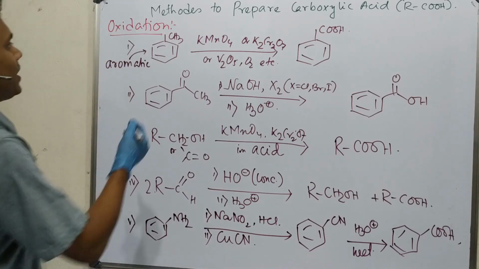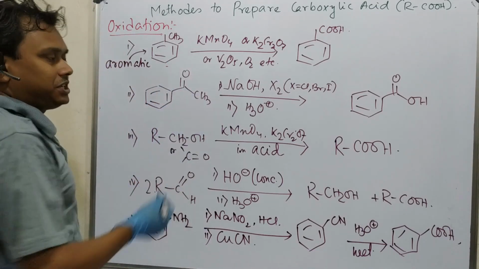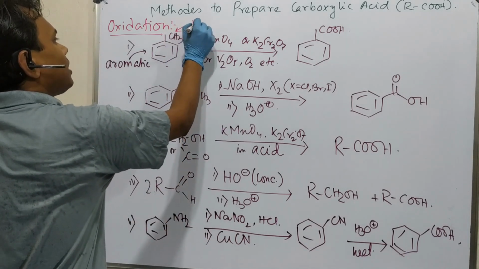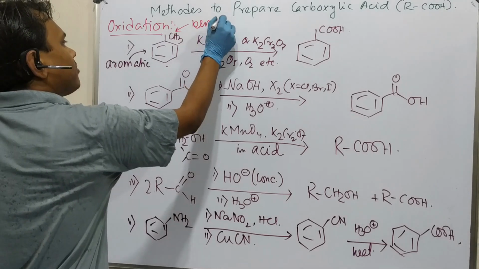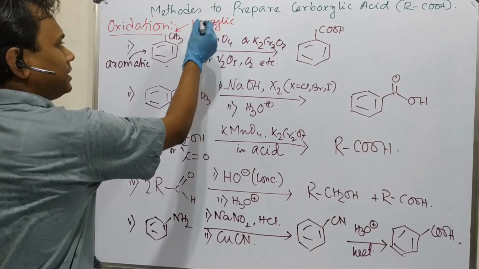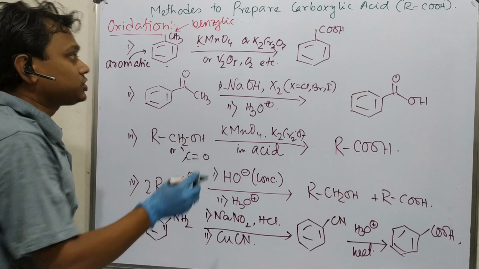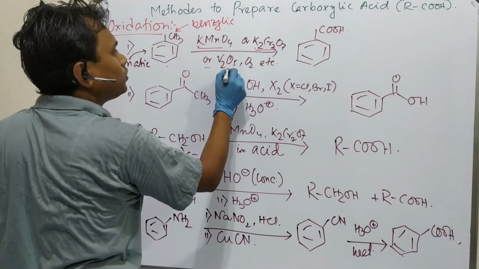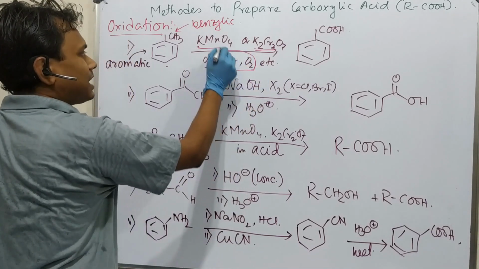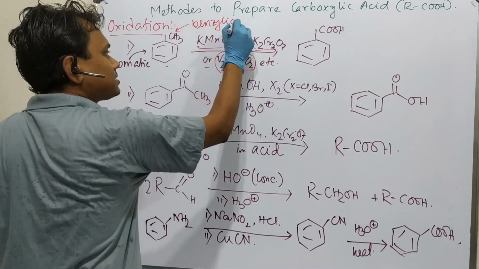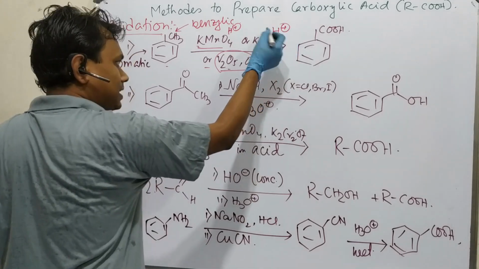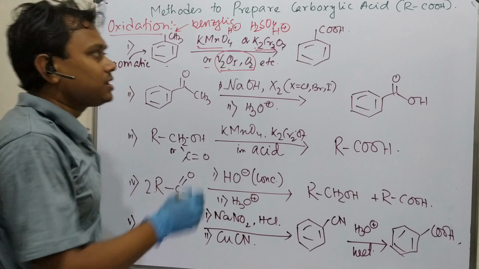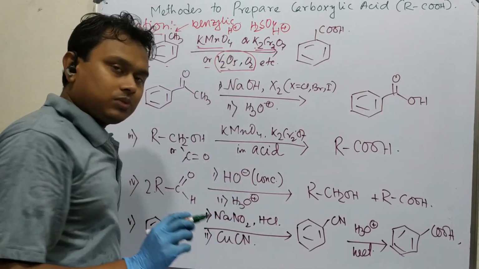Okay, so the first part you can see is toluene, an aromatic hydrocarbon with a benzylic carbon, and in presence of a very strong oxidant like K2Cr2O7, V2O5 with oxygen, in acid like sulfuric acid, it oxidizes.